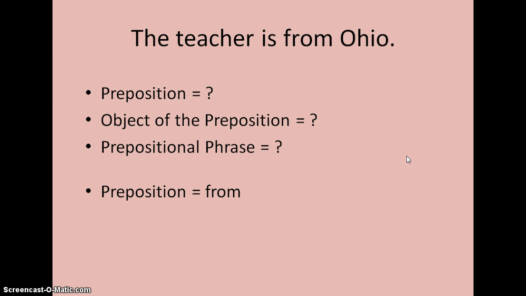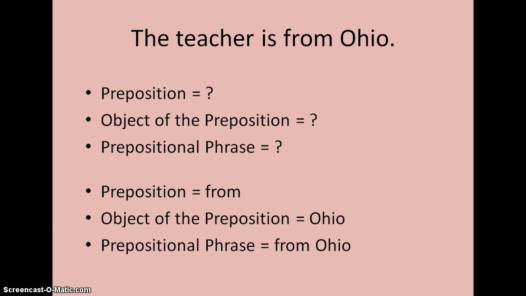And then we ask ourselves, from where? The place would then be obviously a noun. So the object of the preposition is Ohio. So then our entire prepositional phrase, which spans from the preposition all the way to the object of the preposition, is from Ohio.